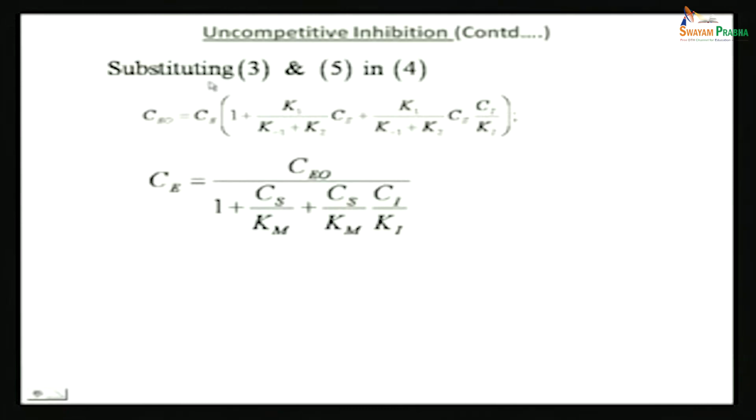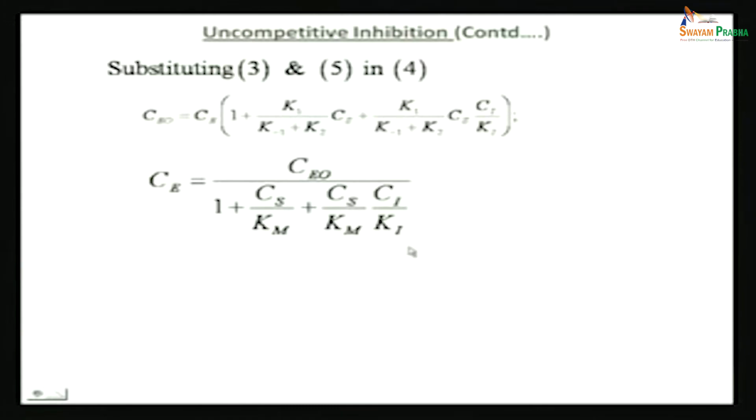Yeah. So if you look over here, what is happening is that the CE is now expressed in terms of CE naught, and as I said before, the reason we do that is because it's not possible to measure the free enzyme, right? So CE now is given by CE naught over a denominator which is composed of the substrate as well as the inhibitor.